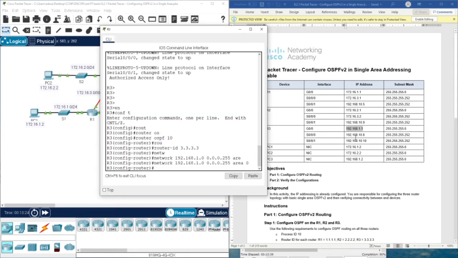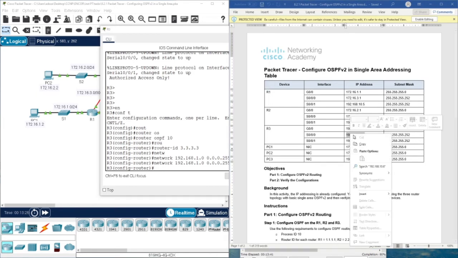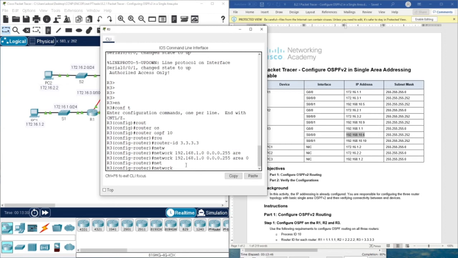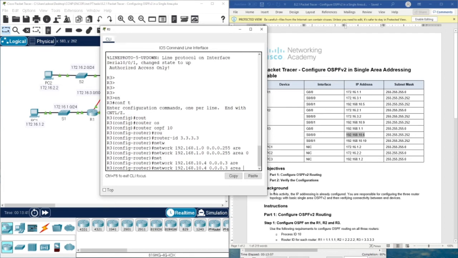Again, we need the same with this one. Here we have network, and here we have the network address. So this one is going to be 4, and then the wildcard is going to be 0.0.0.3, and area is 0.